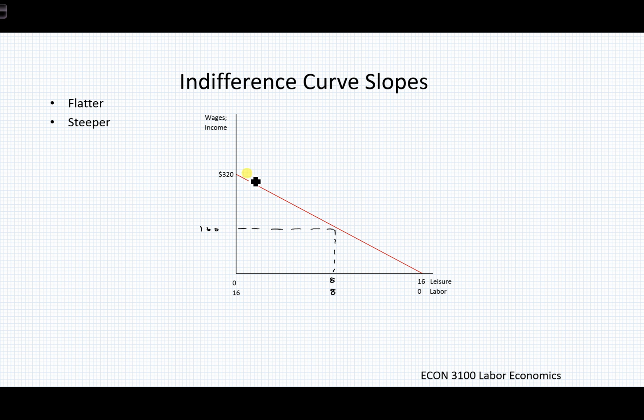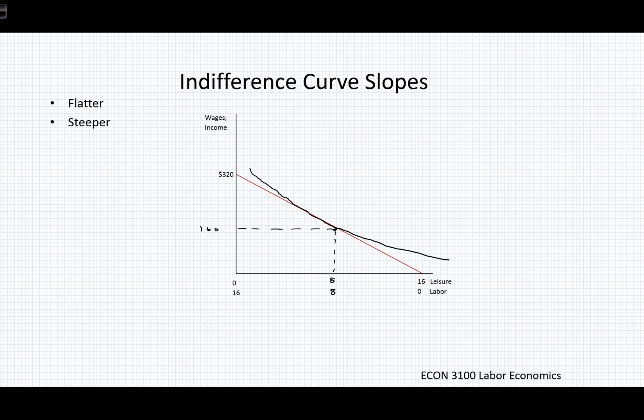Well, it's going to be very shallow. Might come along like this, which simply means that this individual, once they have achieved their income level, a necessary income level, then they have a fairly shallow or fairly low trade-off between leisure and labor.